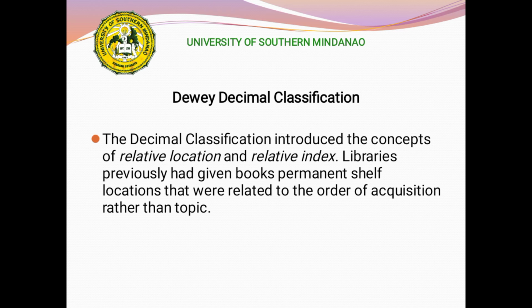The classification's notation makes use of three-digit numbers for main classes, with fractional decimals allowing expansion for further details. Numbers are flexible to the degree that they can be expanded in linear fashion to cover spatial aspects of general subjects.